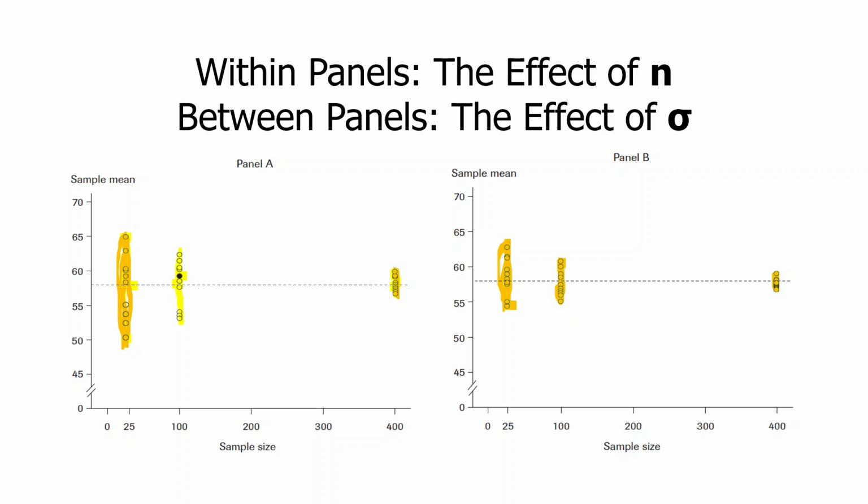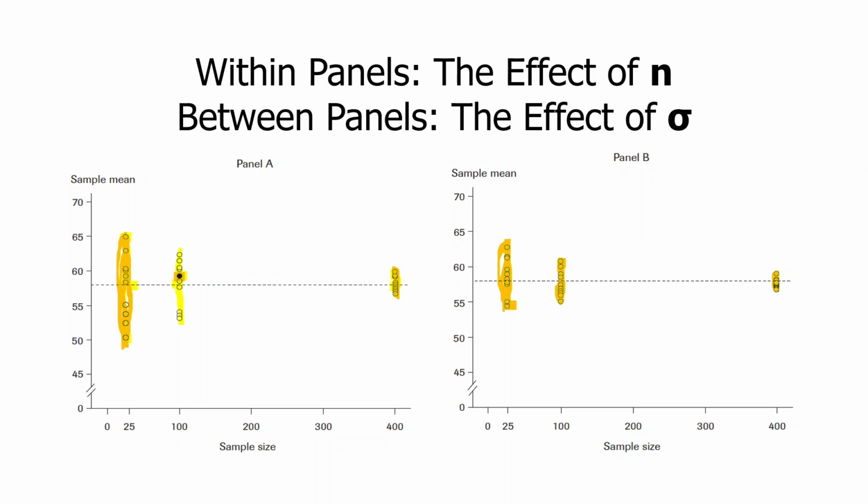But now we're getting a fairly accurate reading in our X bars of what's going on inside the population, mu. I just note at the bottom here, student pollster sample mean X bar equal 59 is the black dot in panel A at n equal 100. The population mean mu equal to 58 is represented by the dashed line.